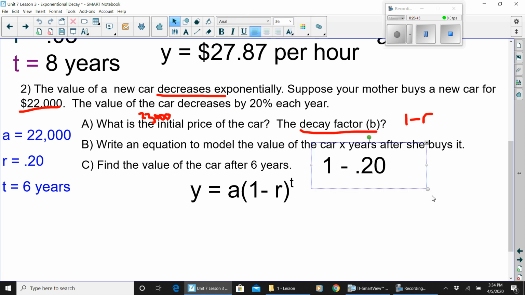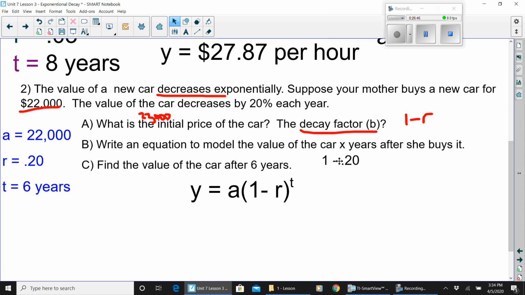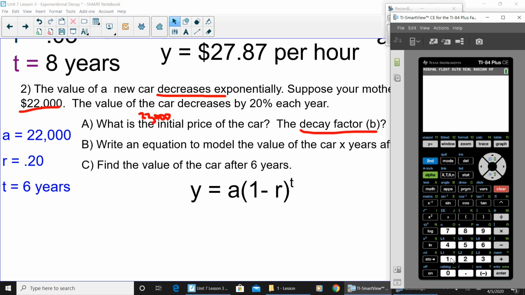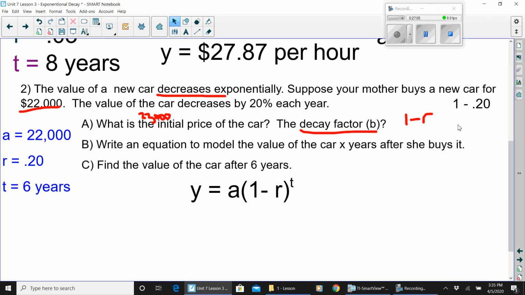If you put that in your calculator, that's what you'll get for B. So we'll do 1 minus 0.20, because you're changing the percent into a decimal, and you get 0.8, and that is the decay factor. 0.8 is the B.